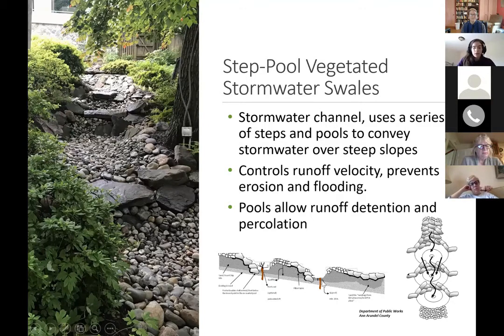So we're really getting in and replacing some of this material. We're trying to have these little steps, these check dams with these ponding areas, so as that water is flowing through, it's not just shooting quickly down, it actually has a chance to stop and soak into the ground as it's moving through.